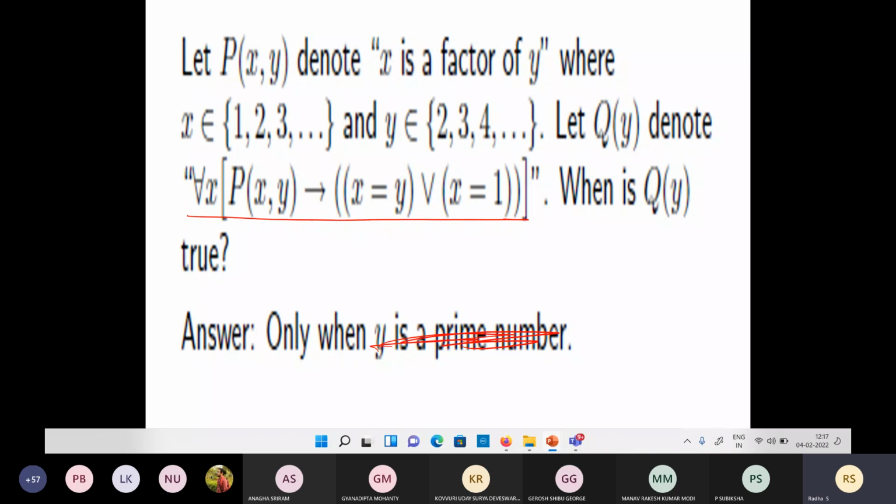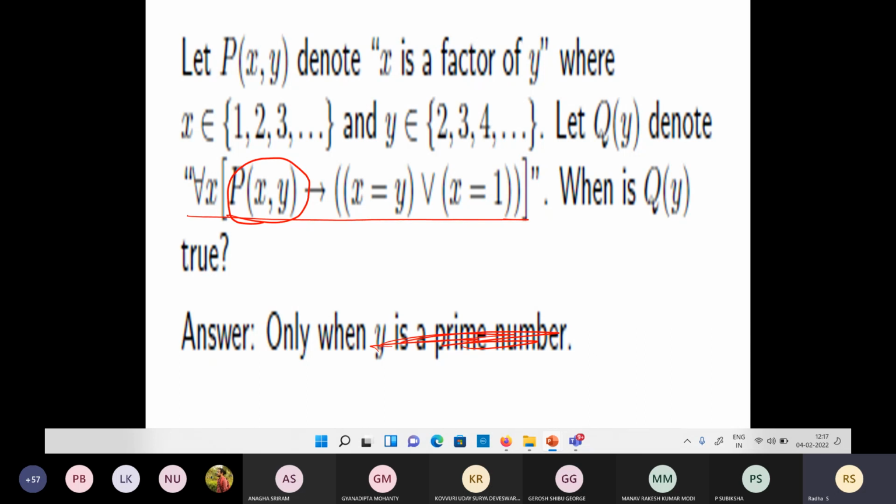P of x comma y denotes x is a factor of y. So for all x, whenever x is a factor of y, then either x and y are the same or x is equal to 1.